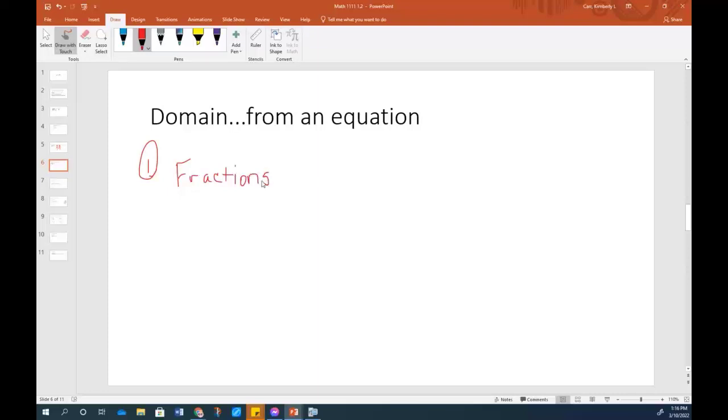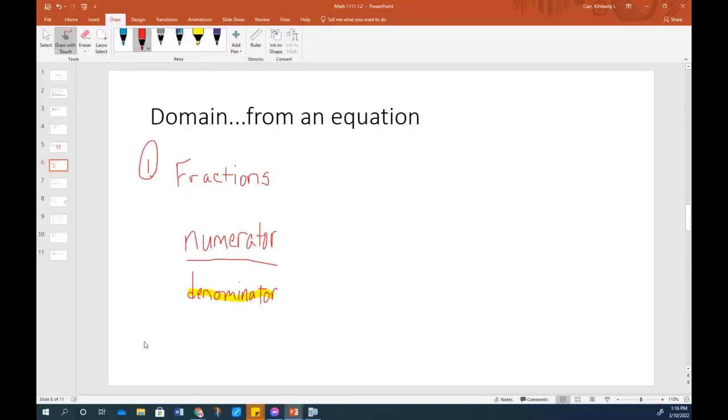It's not that we can't have a fraction, but if you have a fraction, then you have a numerator over a denominator, and the denominator is really the issue. Okay? That denominator cannot equal 0.